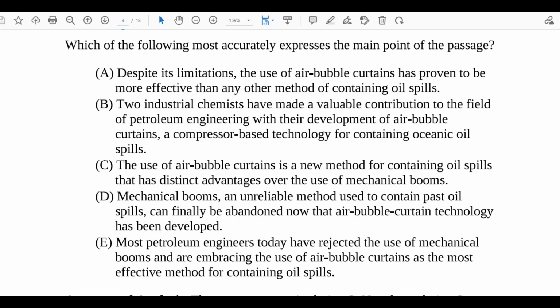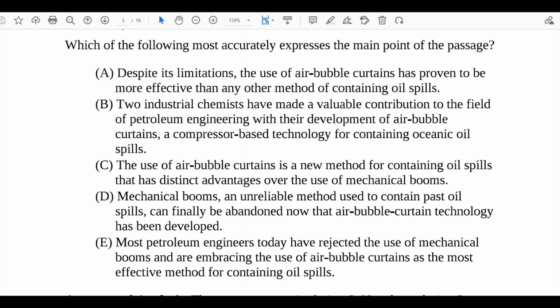It accurately states the main point of paragraph 2, but it omits any discussion of the opinion expressed in paragraph 3. And lastly, choice D: Mechanical booms, an unreliable method used to contain past oil spills, can finally be abandoned now that air bubble curtain technology has been developed.